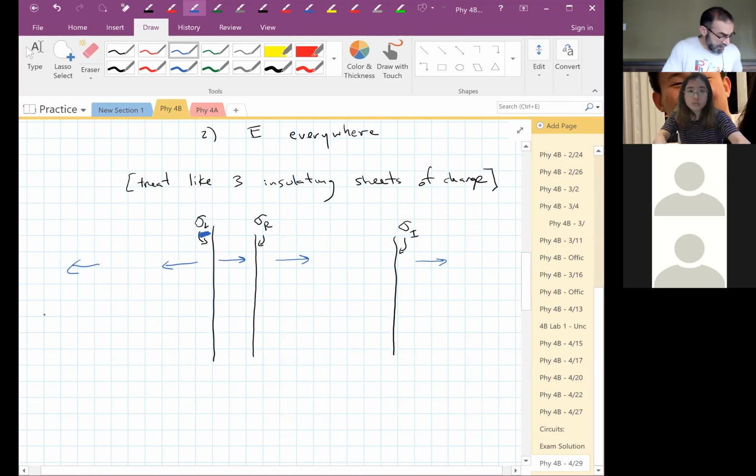So I'm going to call that E left. This is the electric field due to the left sheet of charge. And I'll use red for the next one. And if there's a positive sheet of charge at that right face of that conductive plate, it's going to send electric field out in this direction on this side and in this direction on this side, right? And we'll call that E right.